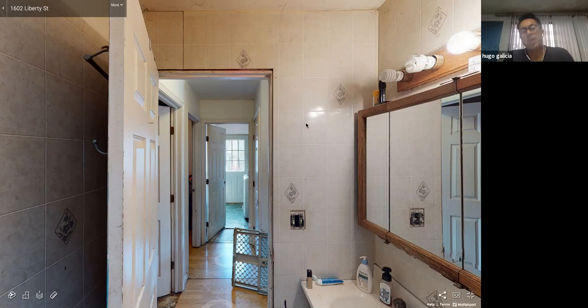So to redo a kitchen is going to be about $7,000. That will include the cabinets. That's going to include the countertop. Just the countertop itself, if it's granite, it's going to be no less than $1,500 to $2,000. I'm not talking about quartz.